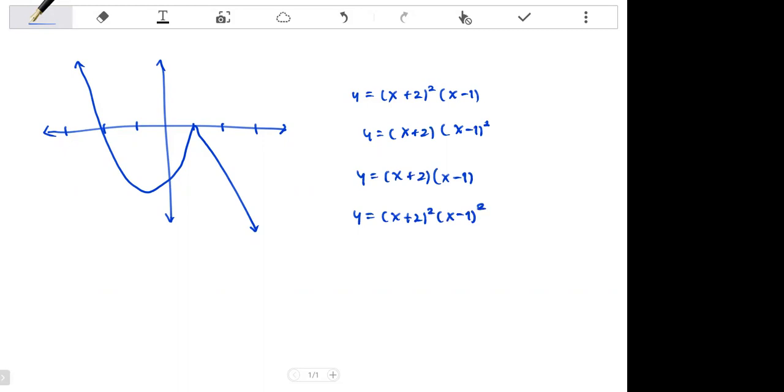What do you think the solution to this graph is from these 4 equations that I wrote?